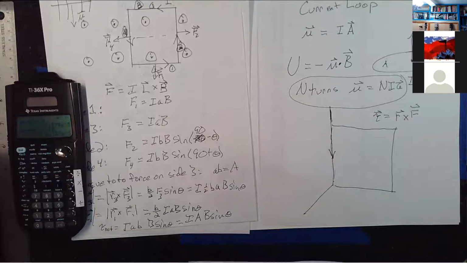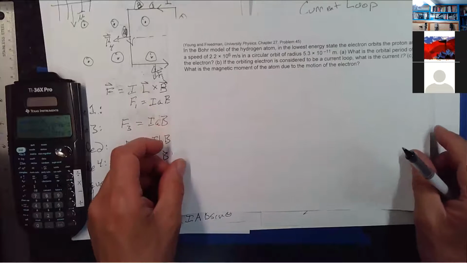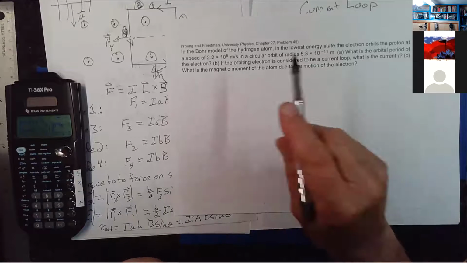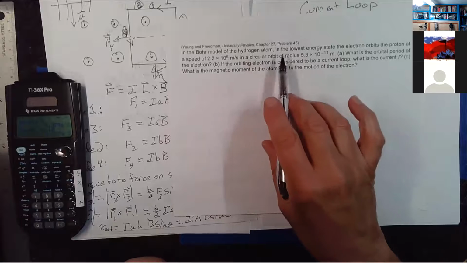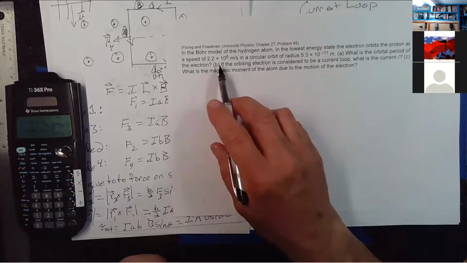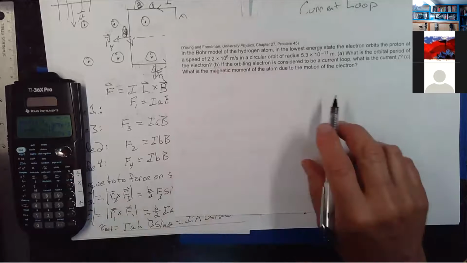This is an example for the hydrogen atom, the Bohr model. In the lowest energy state, the electron orbits the proton at a speed of 2.2 times 10 to the 6 meters per second in a circular orbit of that radius.